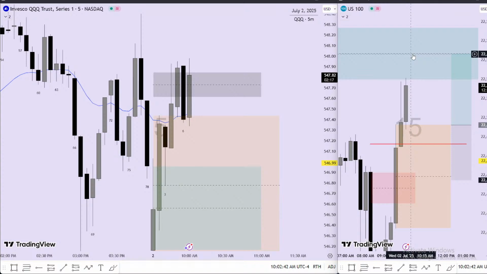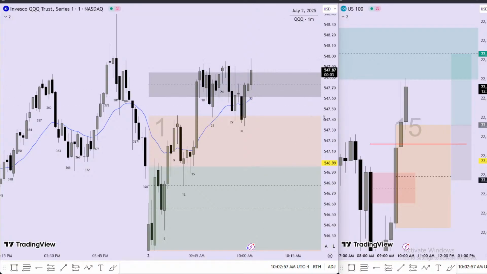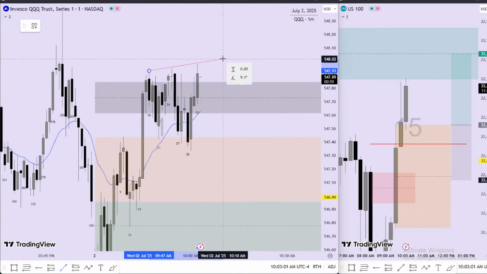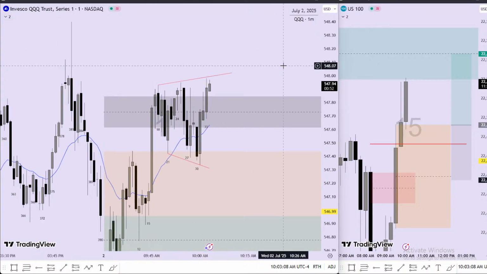We've taken out the high of the 15 minutes, the previous 15 minutes. Can it be an expanding triangle? Yes, it can be. There is a risk. The problem with this is it can be an expanding triangle. That is the risk for the bulls.